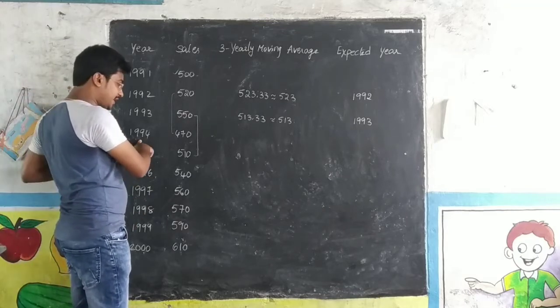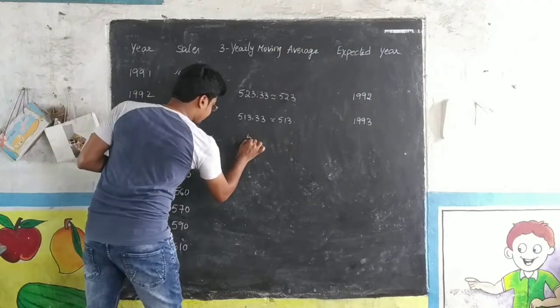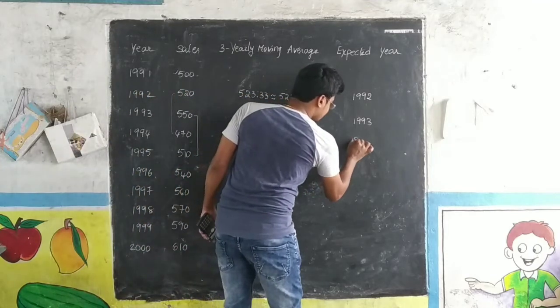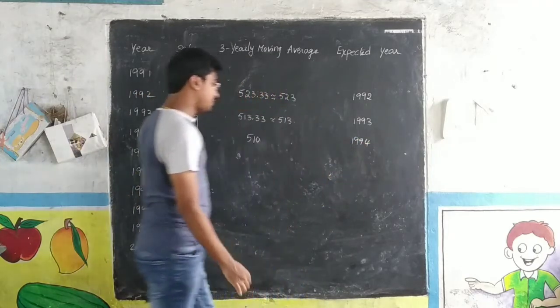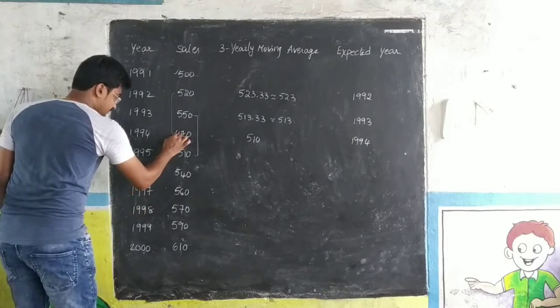The moving average value is 510. The expected year is 1994.